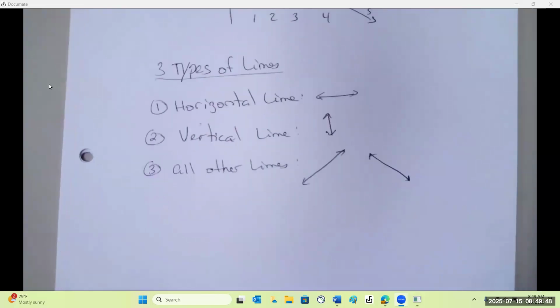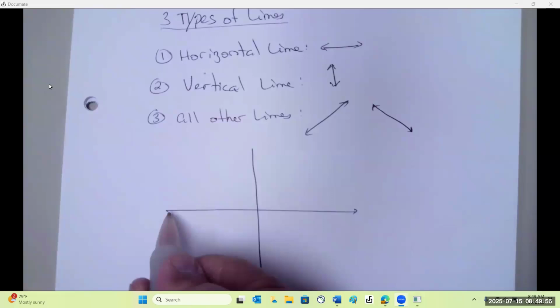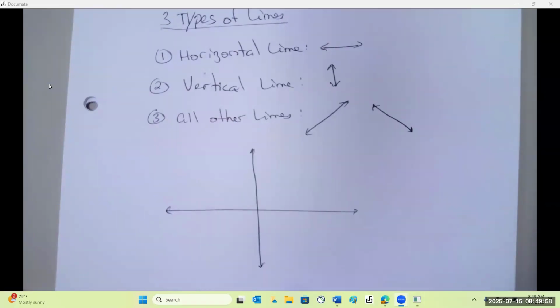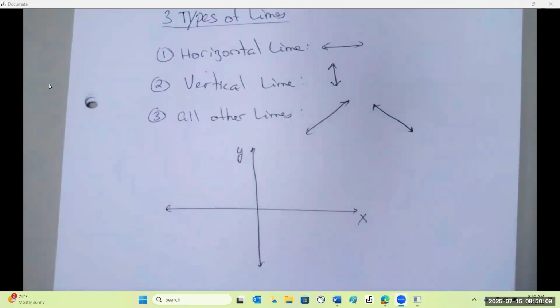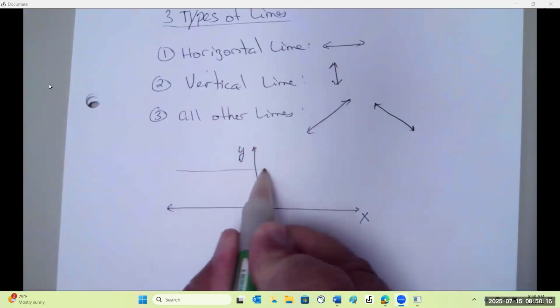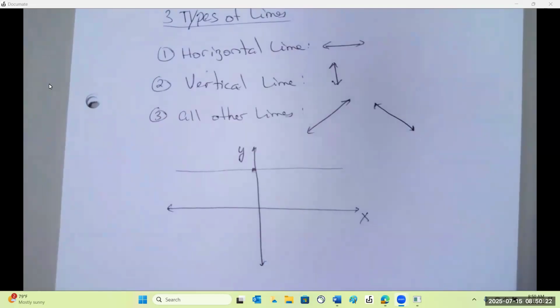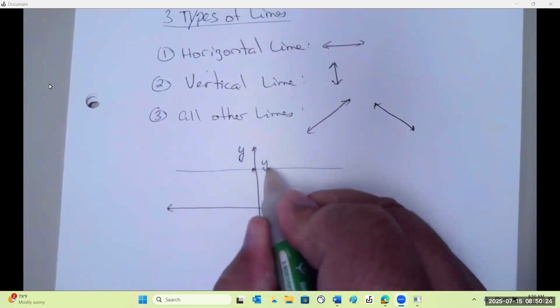If you notice, if we have our Cartesian coordinate graph, the horizontal axis is called the what? X-axis. And the vertical is the y-axis. So these 3 different lines, if it's horizontal, it only crosses the y-axis at some point y.